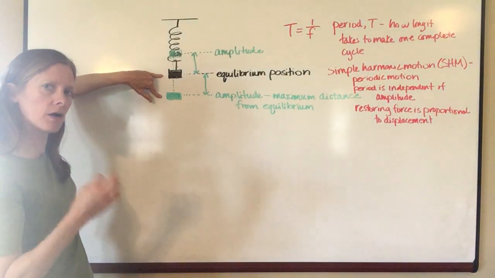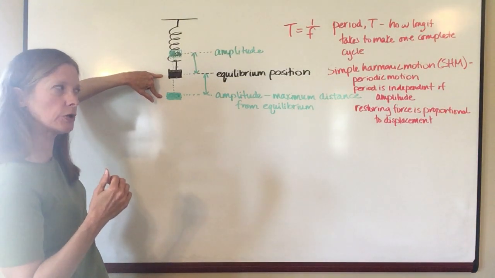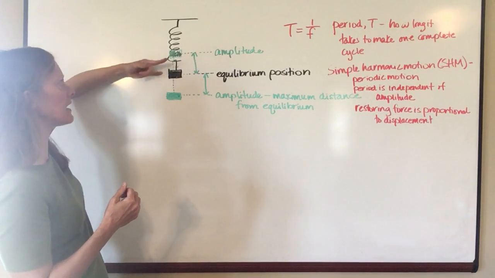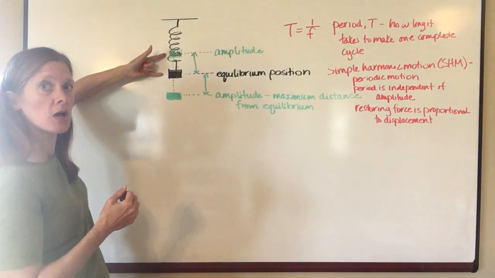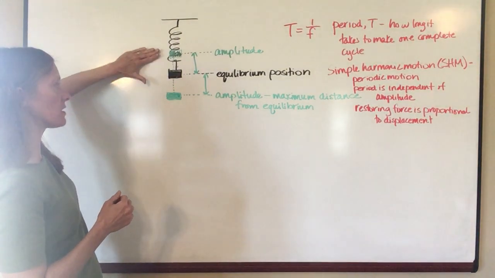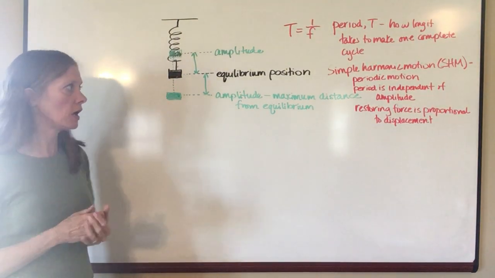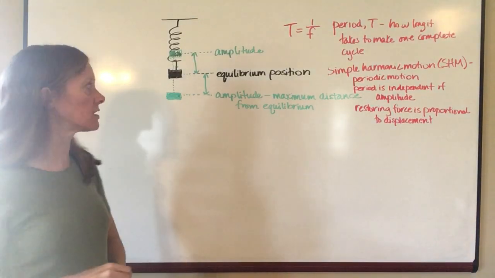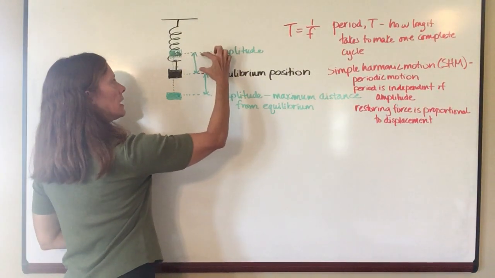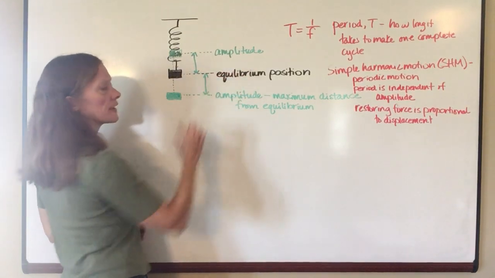Even though the online simulation, if that's what you used, may not have quite looked like this, the amplitude on the bottom and the amplitude on the top should have been the same, because it's going to go up the same distance on the top as it is from the bottom. So that's the maximum distance from equilibrium, and that's represented by this green arrow either here or here.